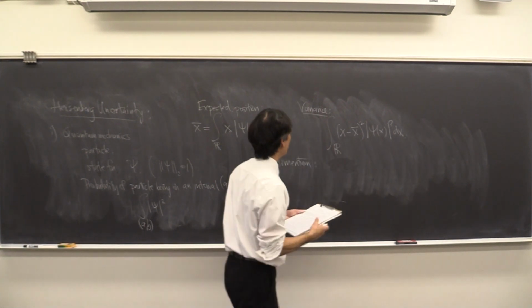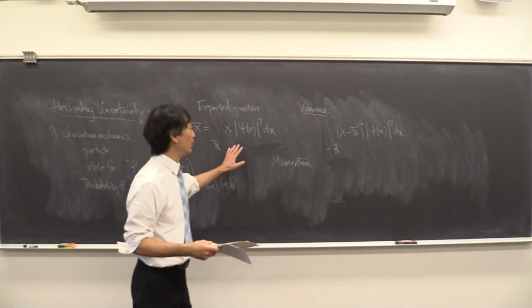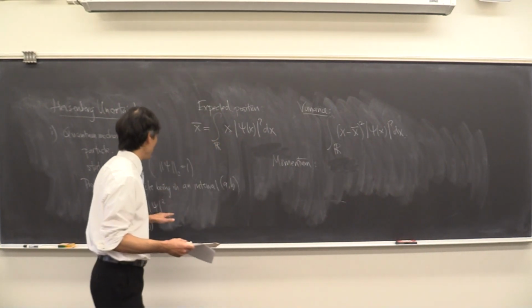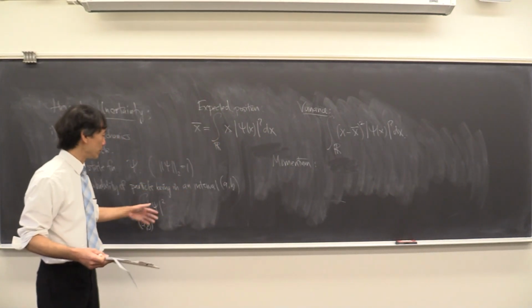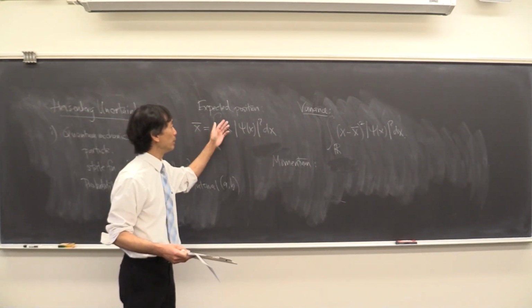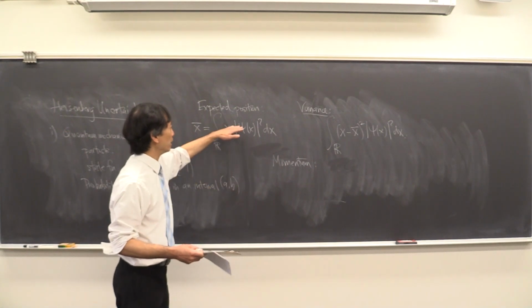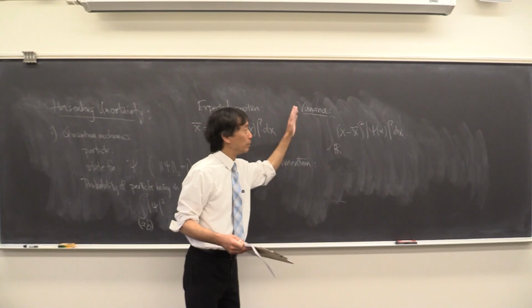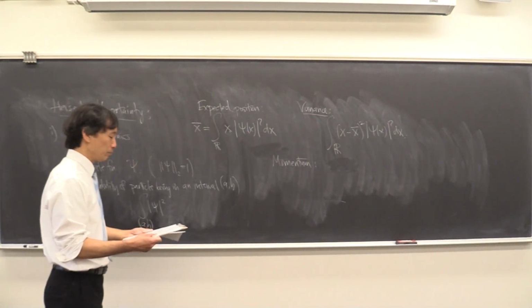You've got the expected momentum, and you've got the chance of the momentum being in a particular interval. It's just the Fourier transform of that. The expected momentum, you just use the Fourier transform here, and the variance of the momentum, just take the Fourier transform there.